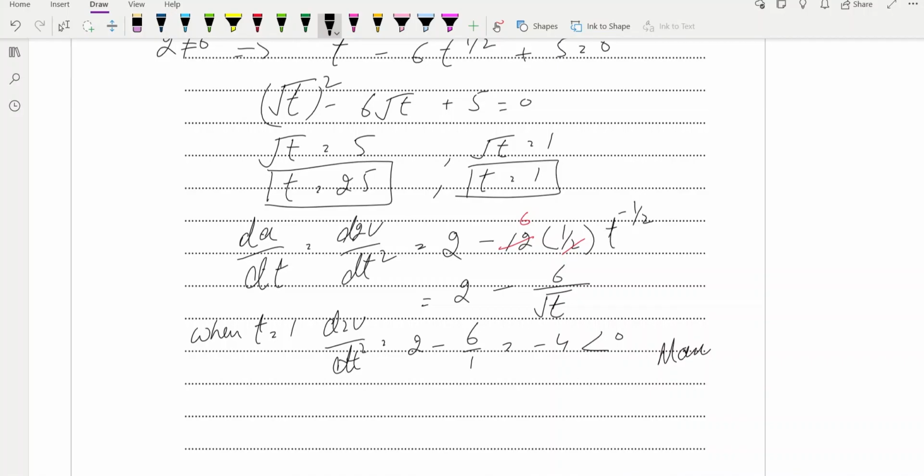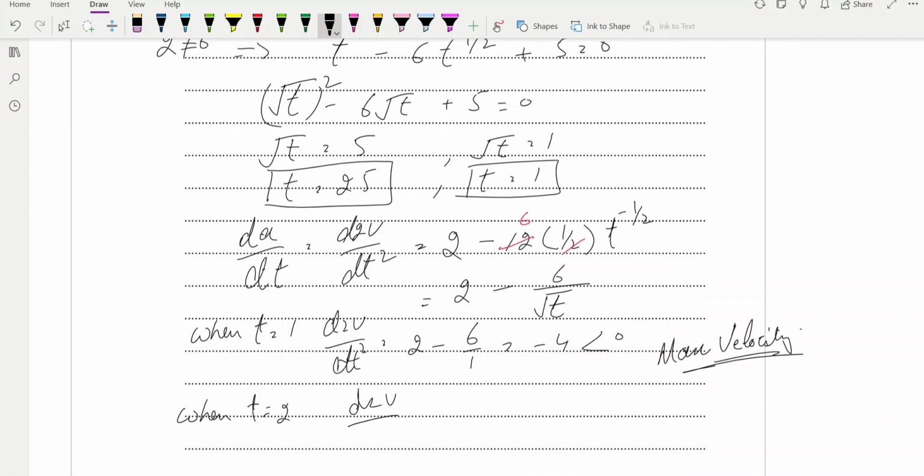So maximum velocity, as we are getting a negative answer for the second order derivative, it will be maximum velocity at 1. And now we will check when t is equal to 25.